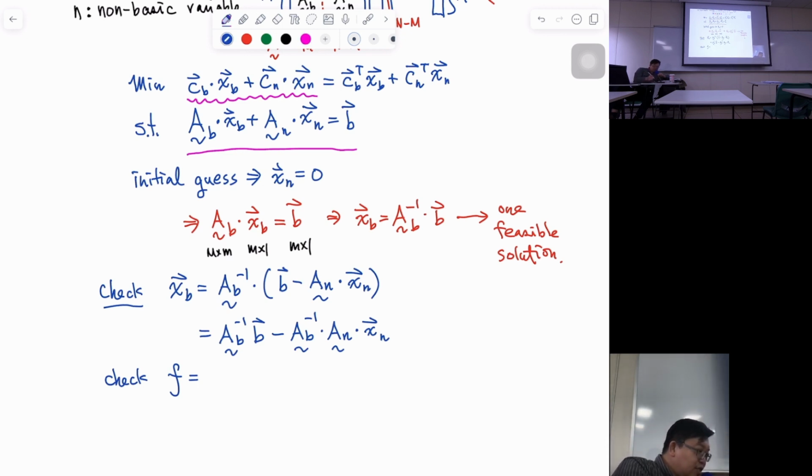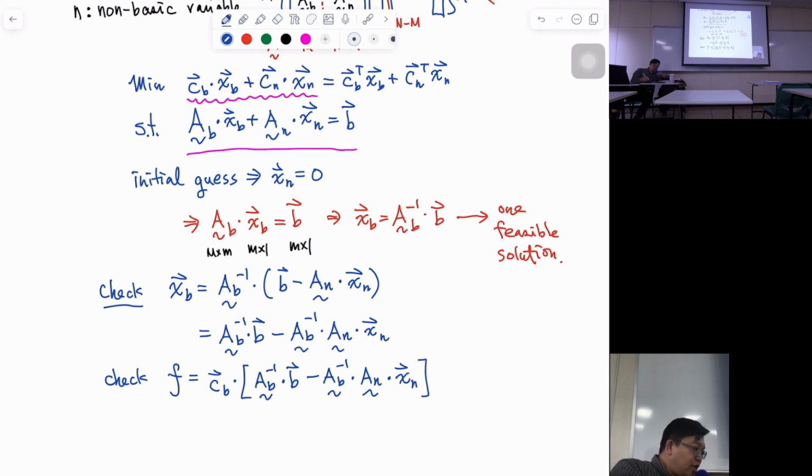When you plug in, here's your CB, yes, CB dot product is fine. And then your xb is already written in the earlier form: AB inverse dot product b minus AB inverse dot product AN dot product xN.